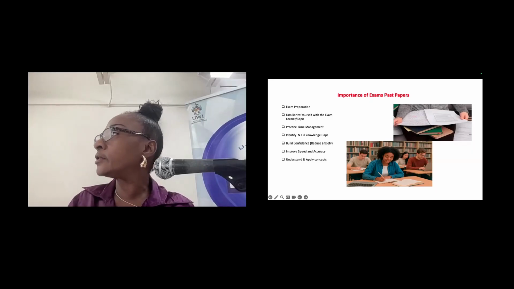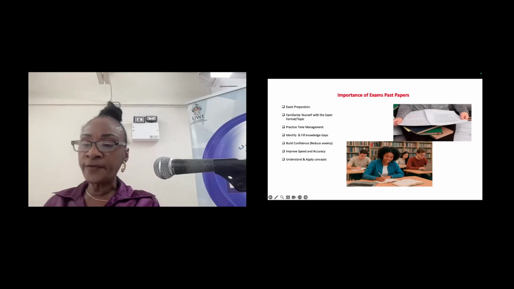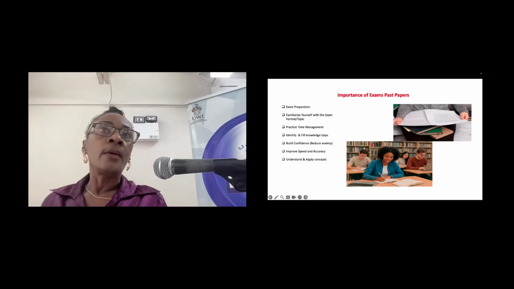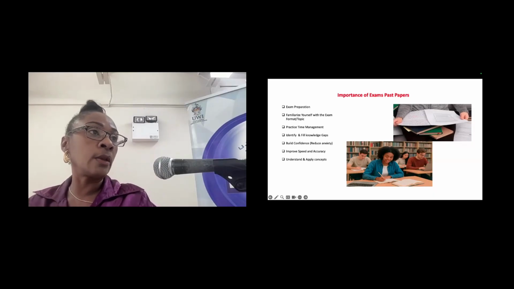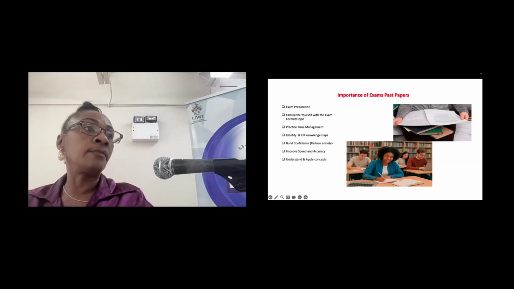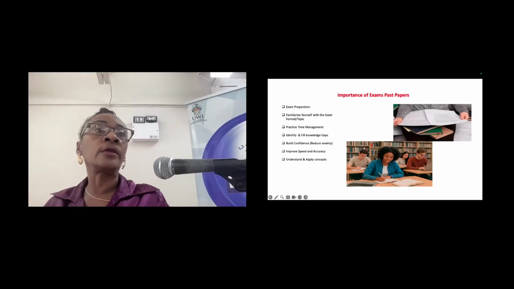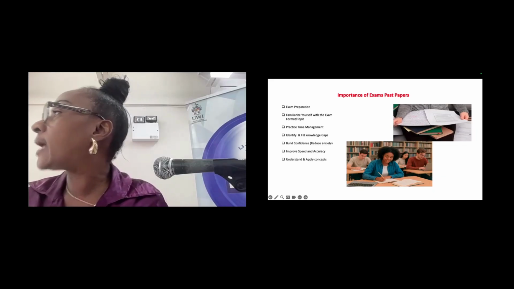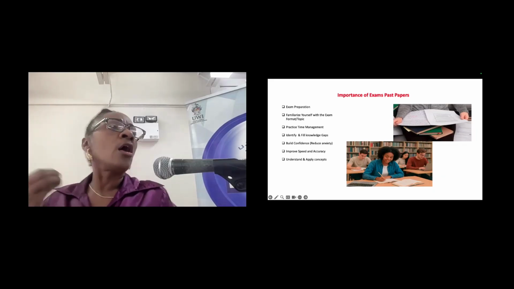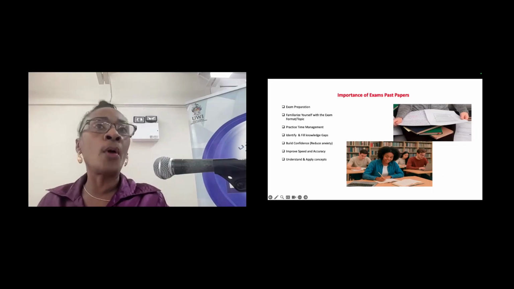Identify and fill knowledge gaps. Based on what you have looked at in the past papers, there might be some areas that were on your course outline, but it might just be helpful to revisit them. So you're filling in certain gaps right there. Build confidence and reduce anxiety.